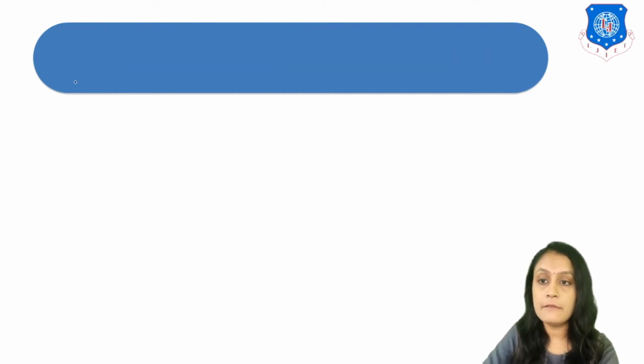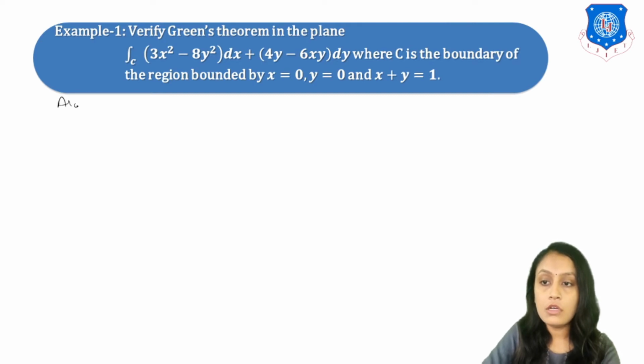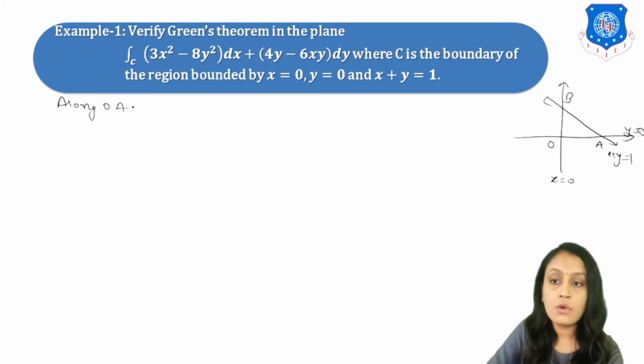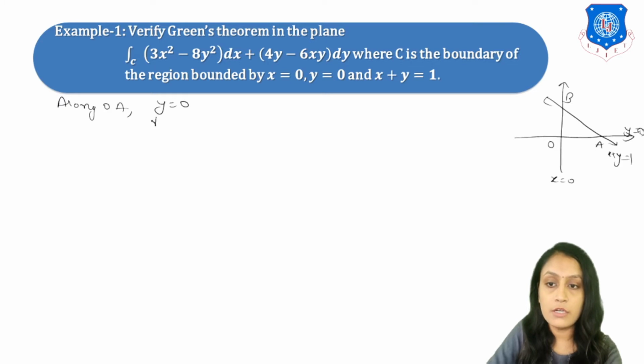So firstly, along OA. Now I'll again draw this graph over here. This is x plus y is equal to 1. This is x equal to 0, this is y equal to 0. We have to give this the name OAB. So along OA, this is y equal to 0, so dy will be equal to 0.